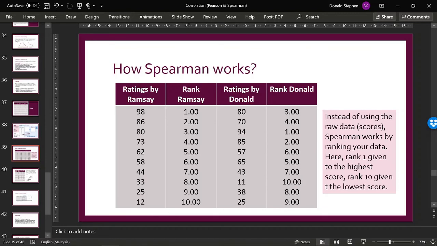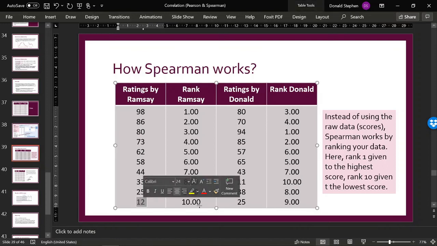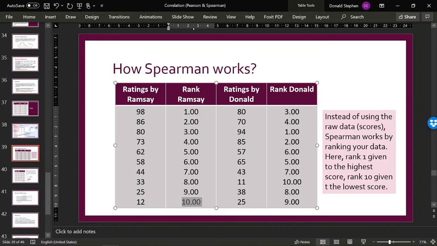Like here, for example, rank 1 is given to the highest score, and then all the way to the lowest one. This is the lowest value here. This is rank number 10, right? So 1 is the best, 10 is the worst. The same for the rating given by Chef Donald here. Spearman will first rank this data.